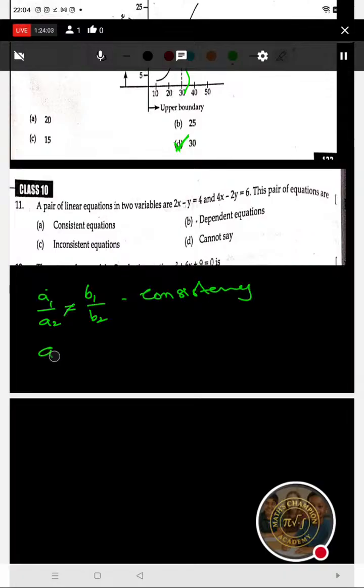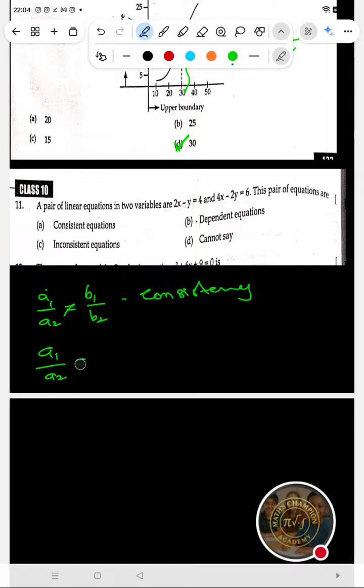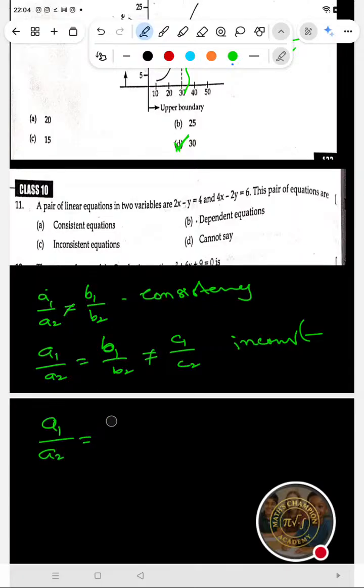One more condition, a1 by a2 is equal to b1 by b2 is not equal to c1 by c2, this is inconsistent. Next, a1 by a2 is equal to b1 by b2 is equal to c1 by c2, it is consistent and the lines are coinciding.